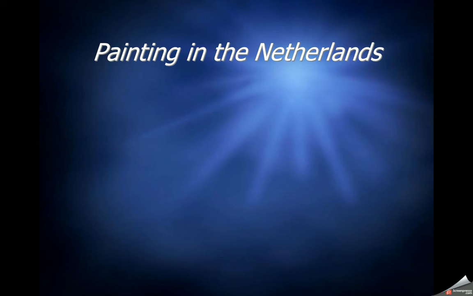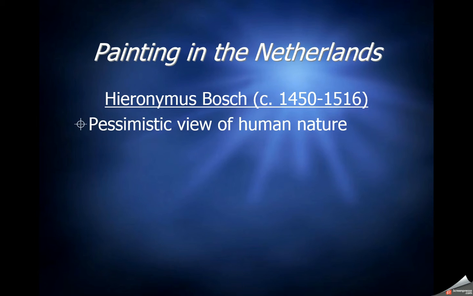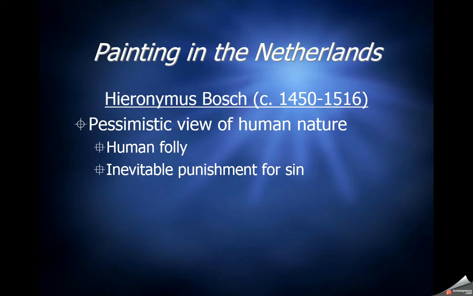This is Painting in the Netherlands that we'll move to this time. And in this, one of the more interesting artists that we'll look at is Hieronymus Bosch. He had a pessimistic view of human nature, really epitomized human folly and the inevitable punishment for sin.